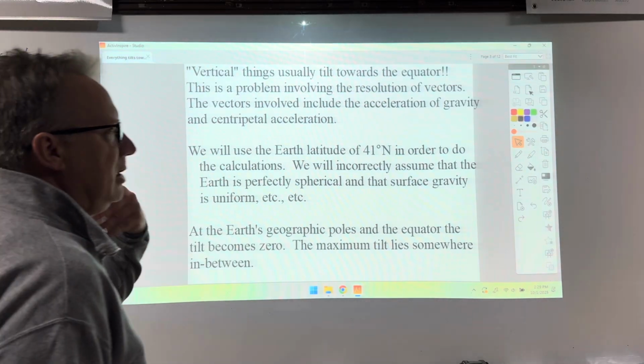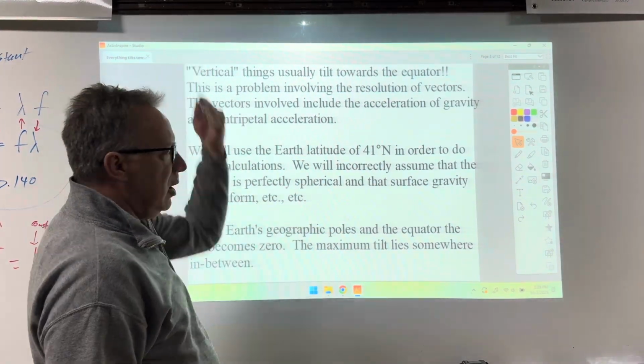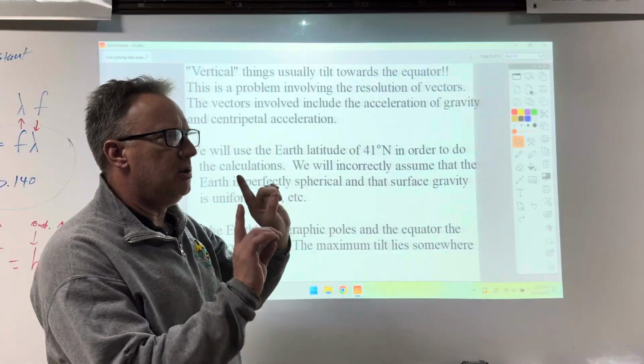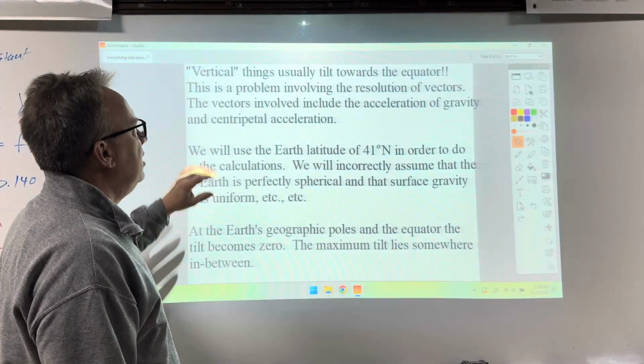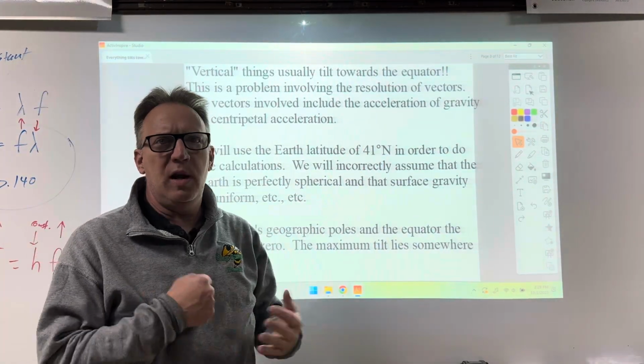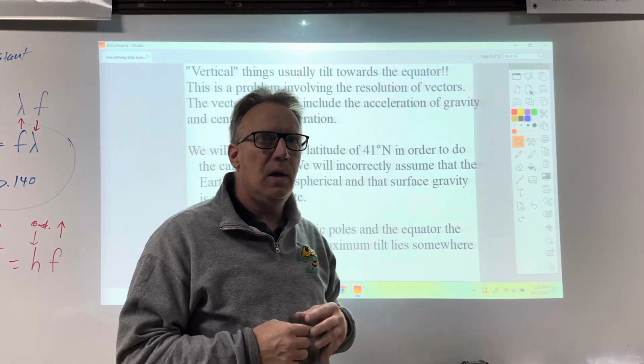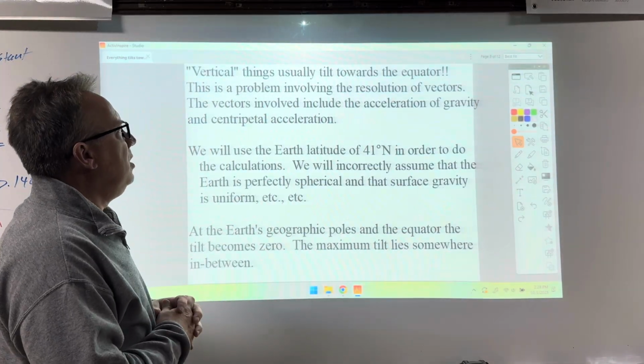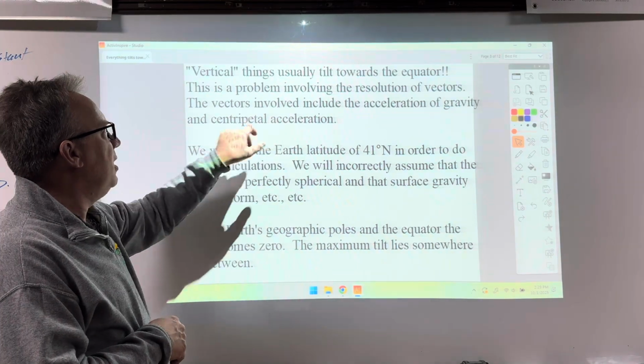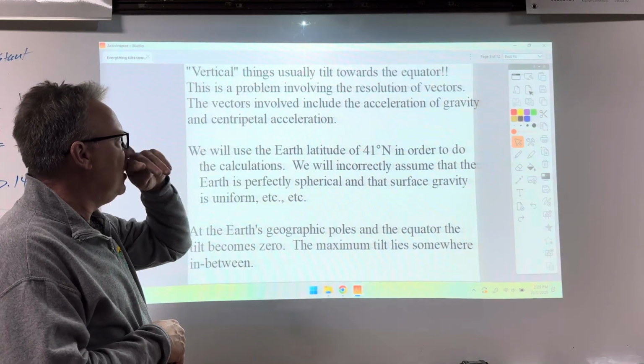Now, let's set the stage here. Vertical things tilt towards the equator just slightly. This is a problem involving resolution of vectors. So if you're working on vectors, this is a good thing to pay attention to. The vectors involved include the acceleration of gravity and centripetal acceleration.